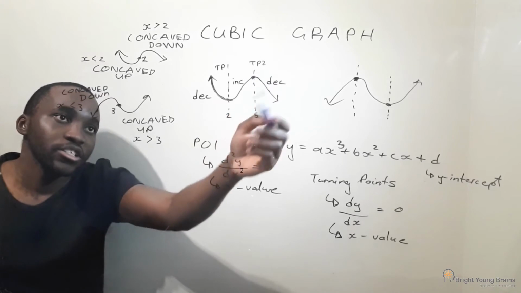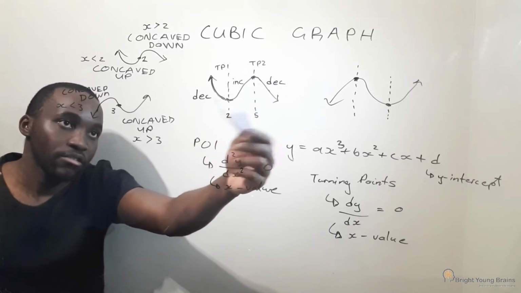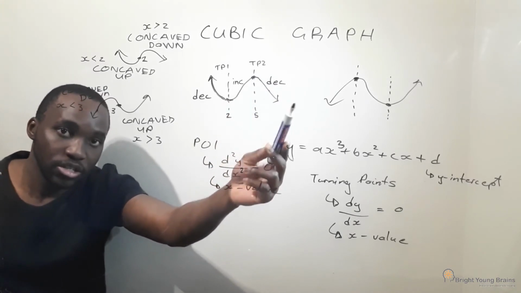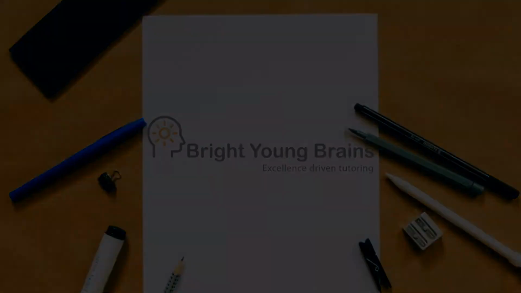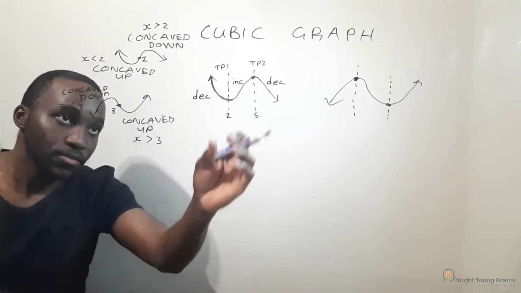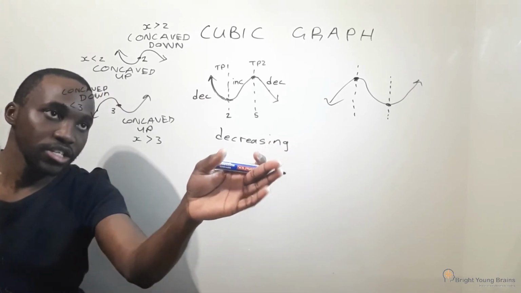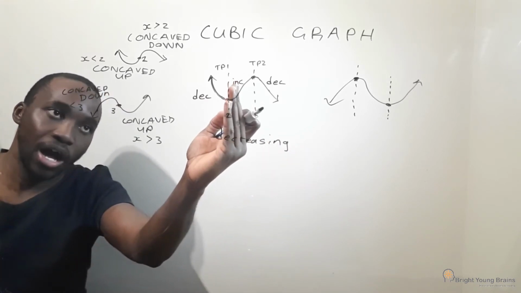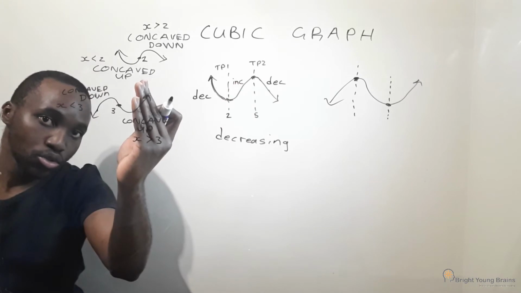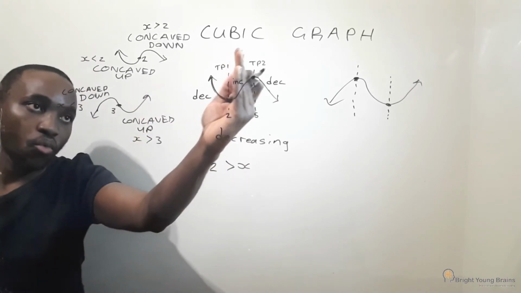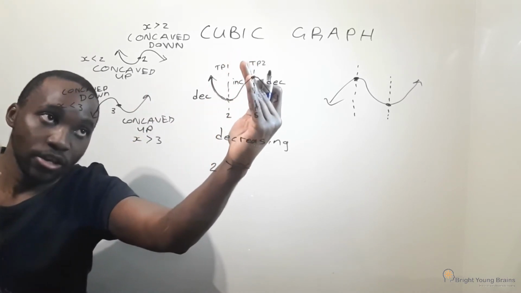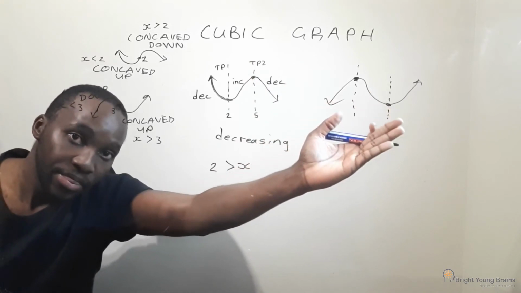So a question that would have asked you where is the graph increasing or where is the graph decreasing, all you would have needed to say was, firstly, where is the graph decreasing? The graph is decreasing where your x values are smaller than 2 and where your x values are bigger than 5.